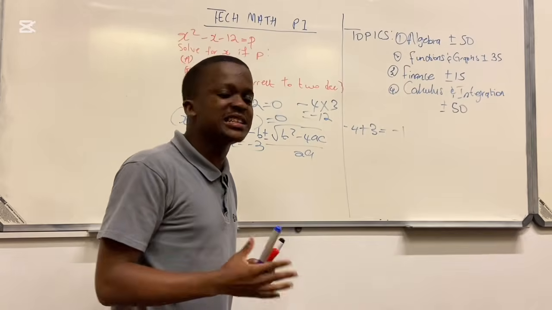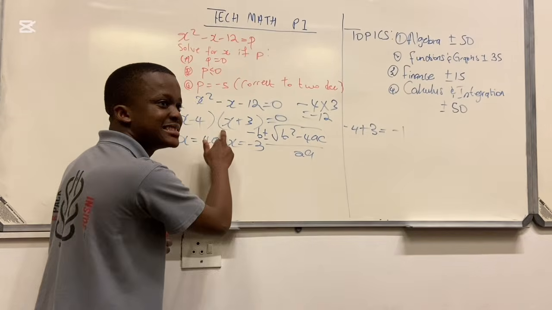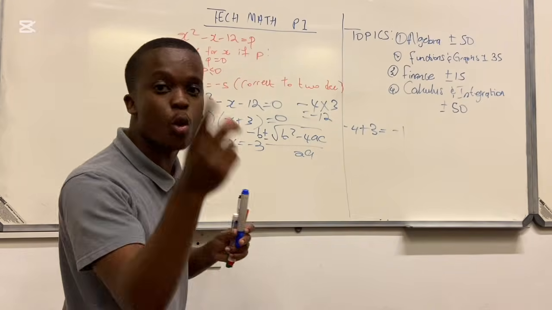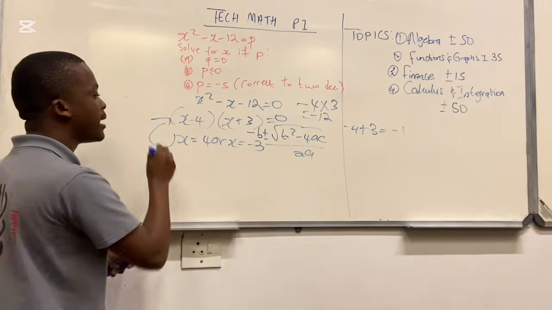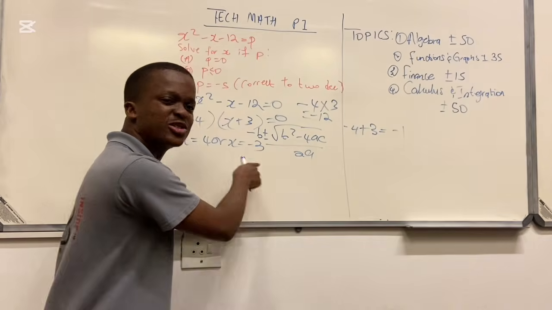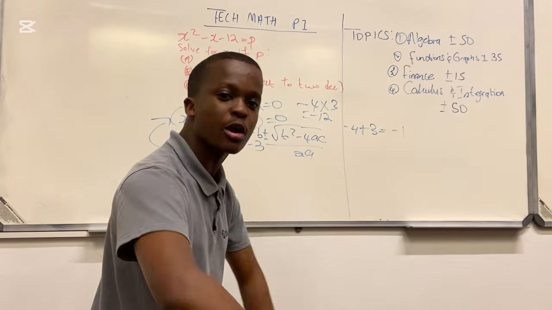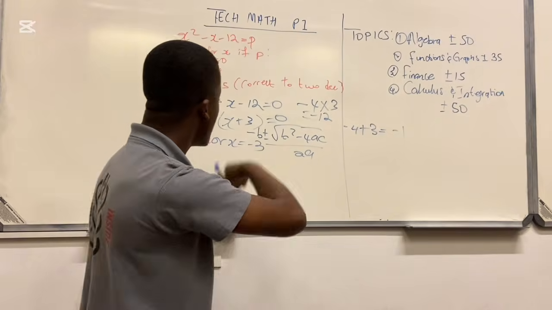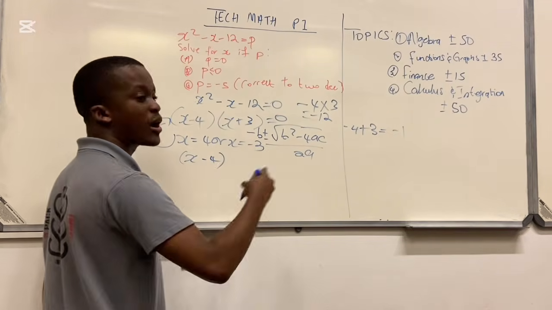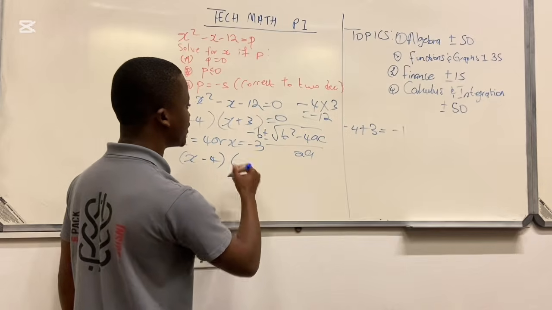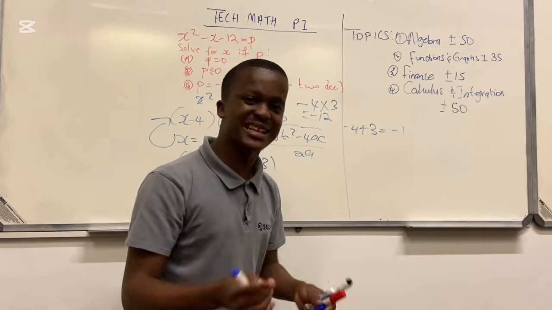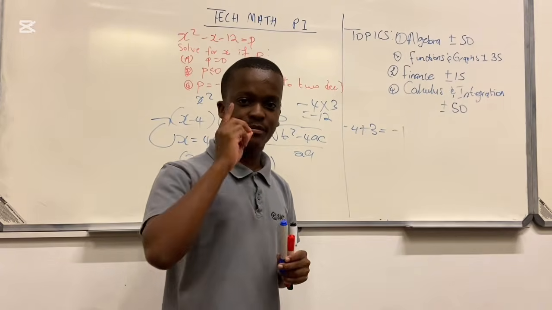So you can manipulate: if you need the factors, go to your calculator and punch negative 3 and 4. Because the equation is equated to 0, you get the answer. When I get 4, it is x minus 4. When I get negative 3, it is x plus 3. If you don't know how to get those factors, go to your calculator, guys.